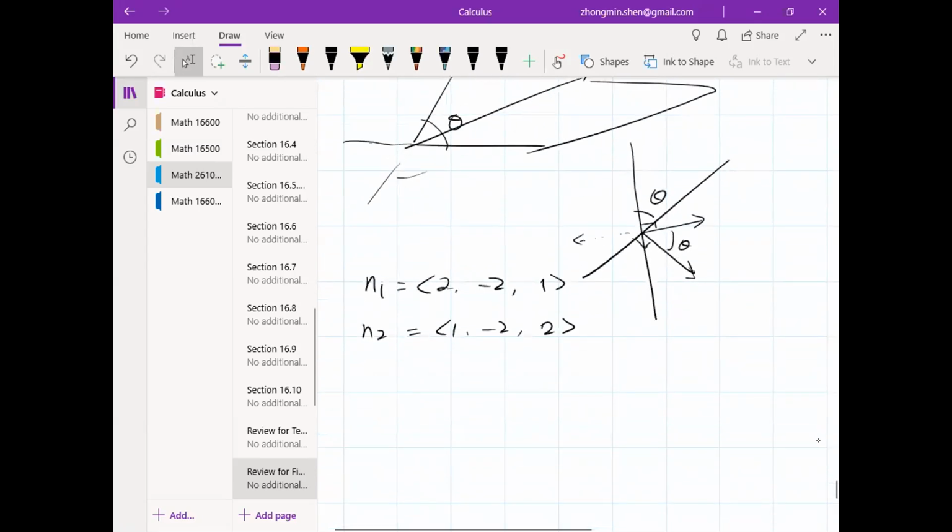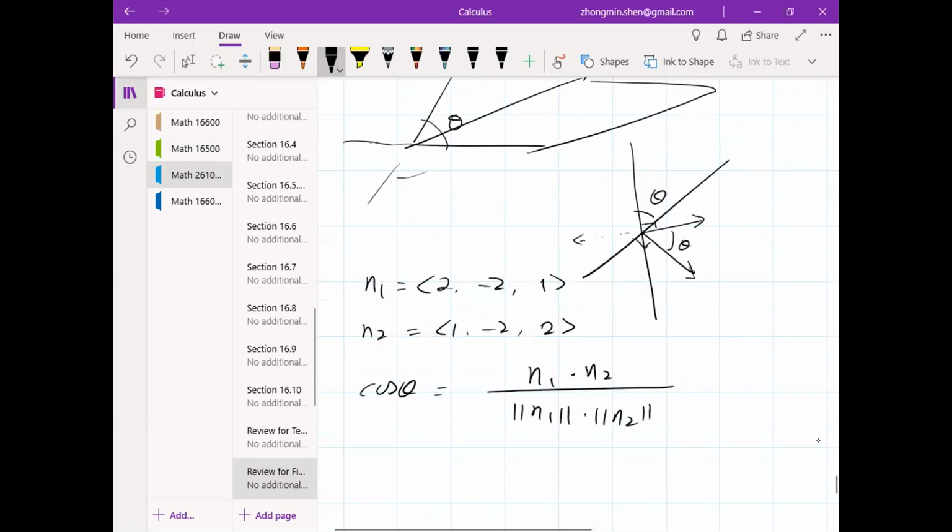You don't need a cross product, just a dot product, and you can tell whether the angle is larger than 90 degrees or smaller. So n1 dot n2 gives cosine theta. Let's write down the formula. Cosine theta is n1 dot n2 over the product of their lengths.